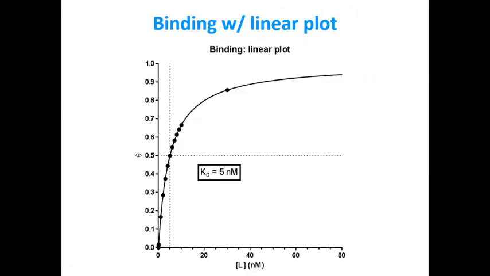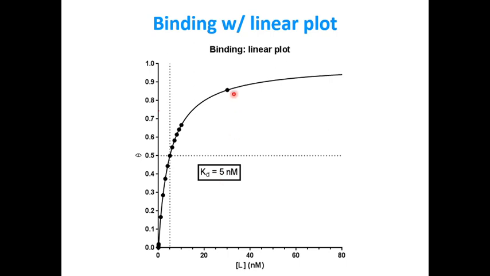This is another example showing a plot of theta versus L. When L equals Kd, half of the ligand binding sites are occupied, as you can see from the plot here. As L falls below Kd, progressively less of the protein has ligand bound to it. For 90% of the available ligand binding sites to be occupied, L must be 9 times its Kd.